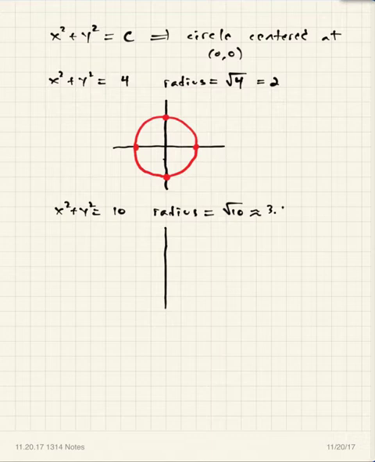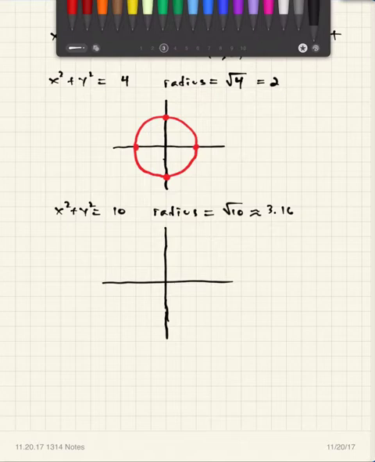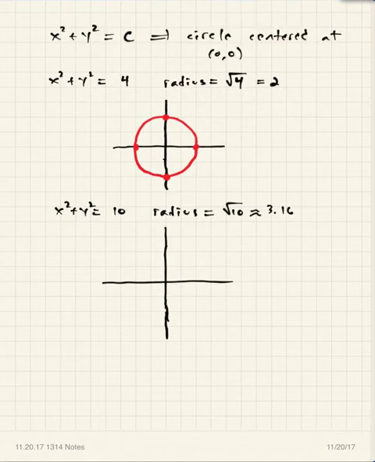So on a problem like this, or in a graph like this, you would just estimate as best you can where 3.16 is. So a little bit bigger than 3, basically. Centered at the origin, and here would be my circle.